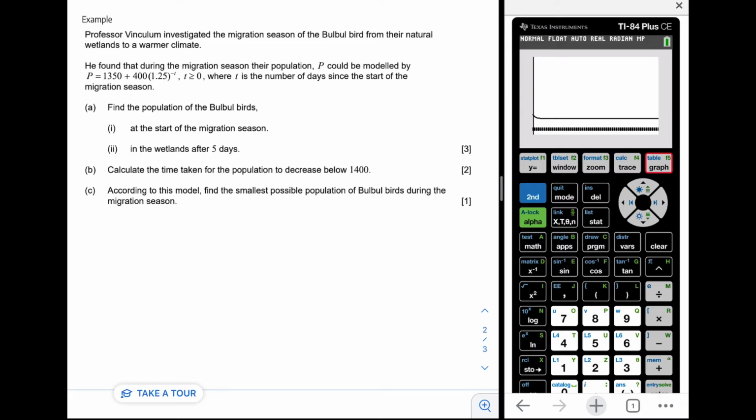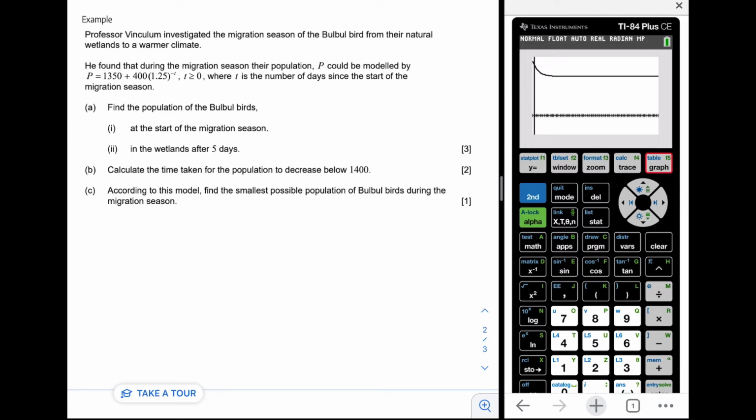I'm seeing that my y maximum seems to be a lot too big, and my x is probably a little bit too big. So I'm going to go ahead and restrict my window. Let's restrict that to 100, and my y maximum, let's bring that down maybe to 2,000 to have a better window. Okay, this is more appropriate.